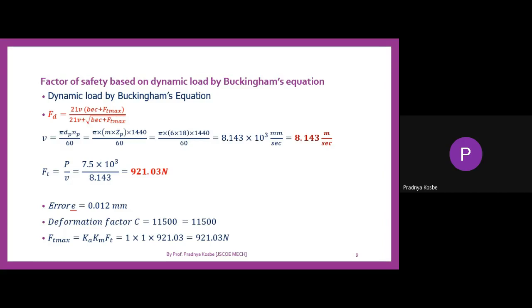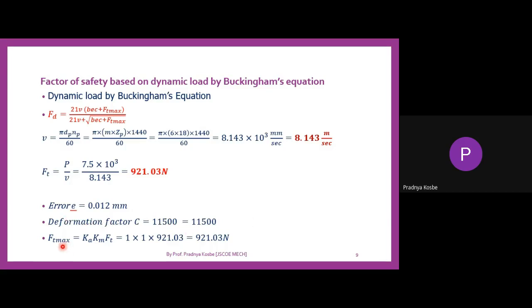One more thing, when we calculate error, it is in terms of micrometer, and you have to convert that error in mm. But here error is already given in mm, and error is 0.012 mm. Correct? So no need to multiply by 10 raised to minus 3. Correct? So E is directly given, that is 0.012 mm. Deformation factor C is 11,500.